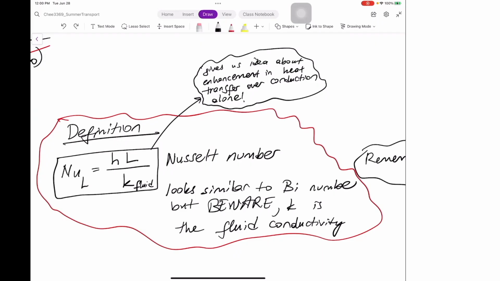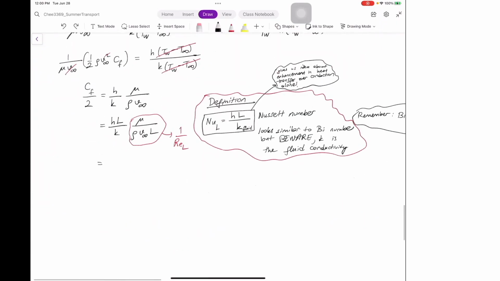If you have a low k but a large h, that means it's just because the fluid is moving very fast. That's why it's enhancing the heat transfer. If that's small, that means all the heat transfer is being done by the fluid staying there like a solid, without any motion. Okay, so Nusselt number.